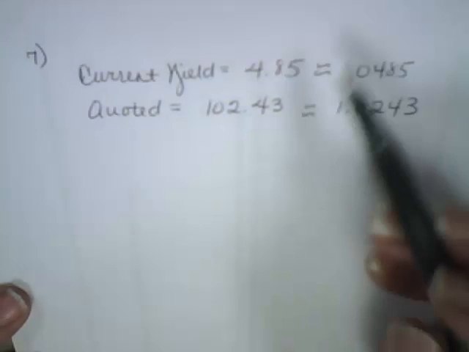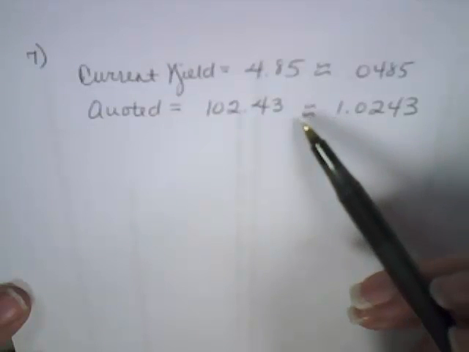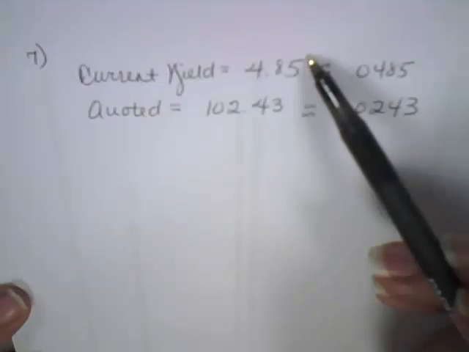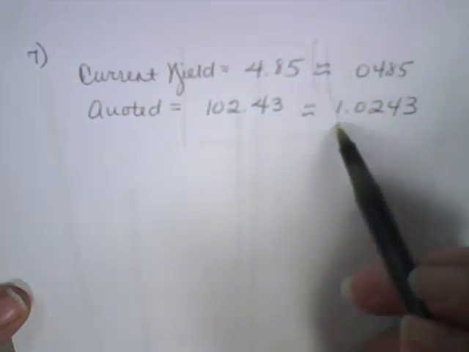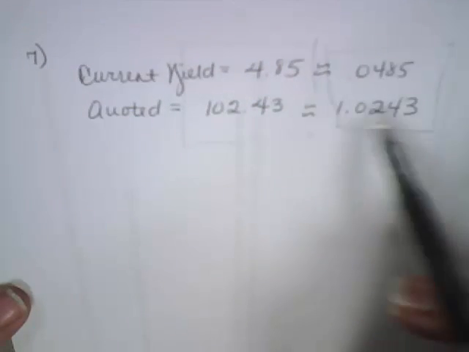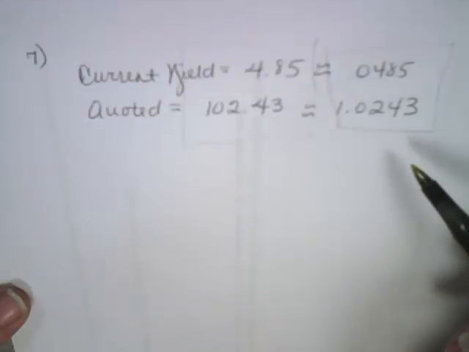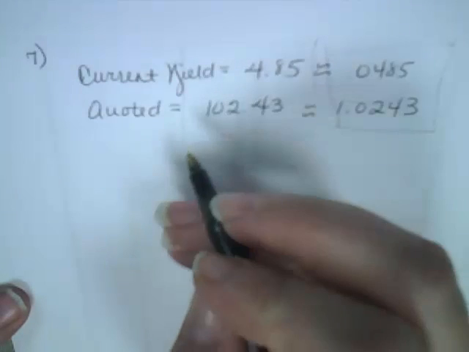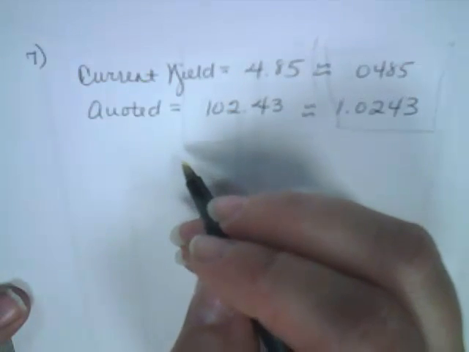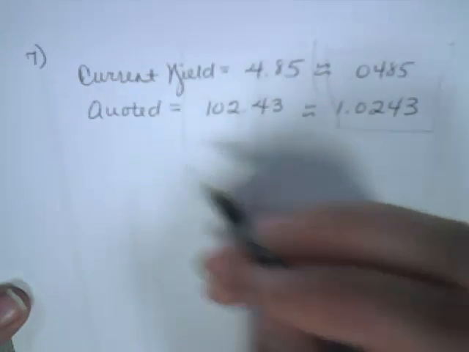Now, the advice I give you on this is just based from a simplicity standpoint. You either want to use these two sets of numbers or these two sets of numbers, so you make sure that your answer is correct. So basically, what we're doing here is calculating the current yield.